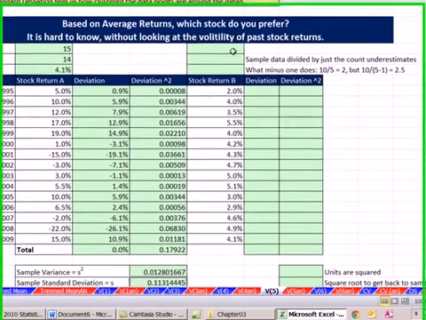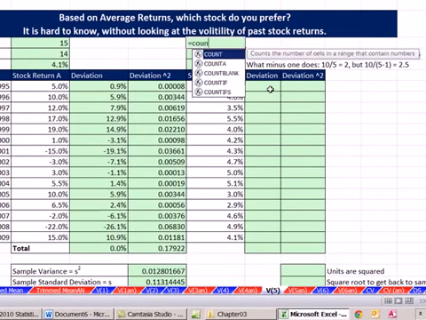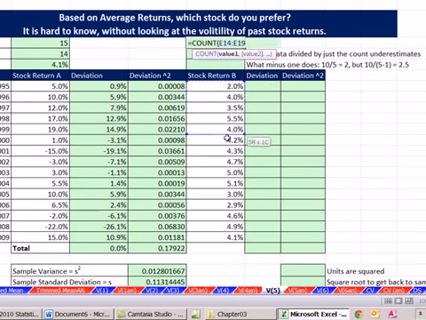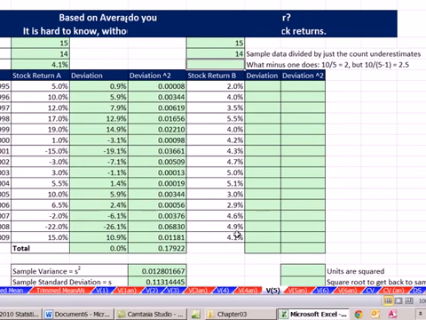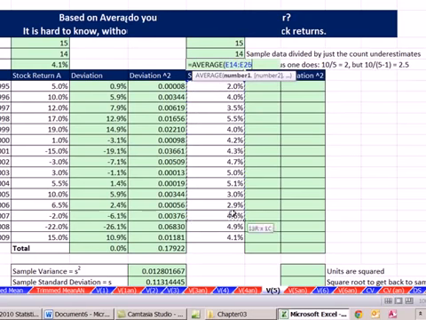Now let's go ahead and do this calculation for stock B. Equals count, equals count minus 1, equals the mean, deviation. All right, and I have to lock that one with my F4 key.